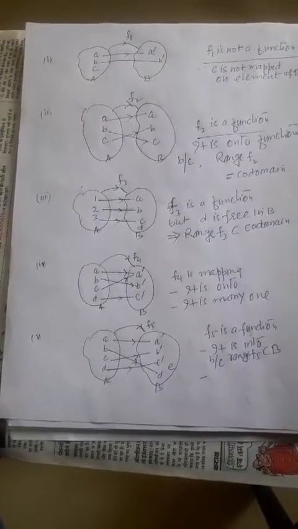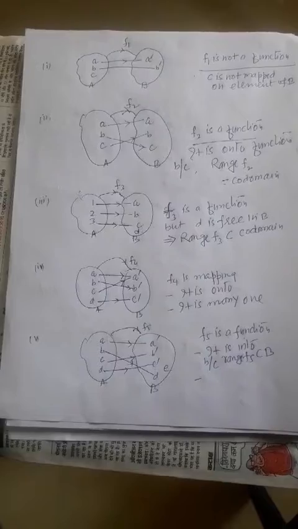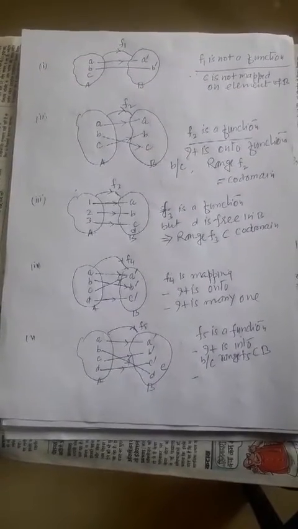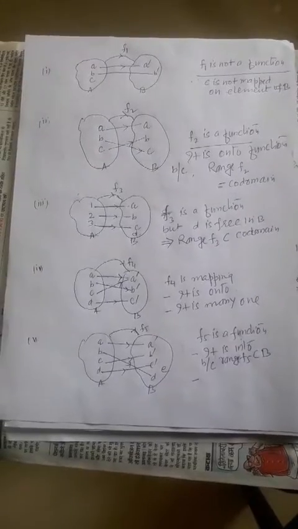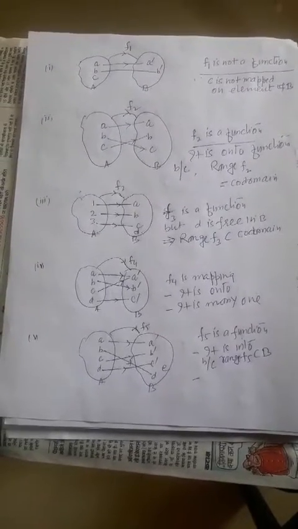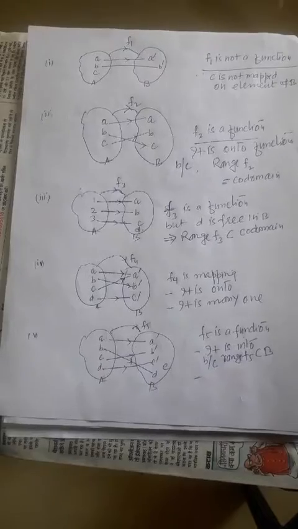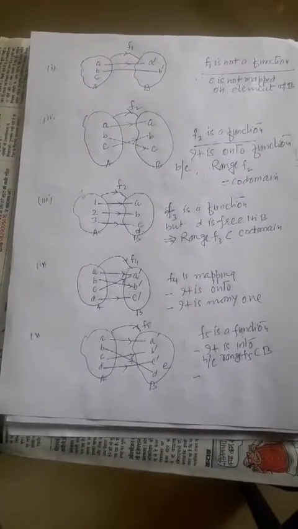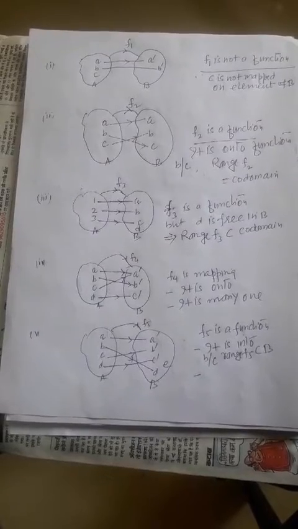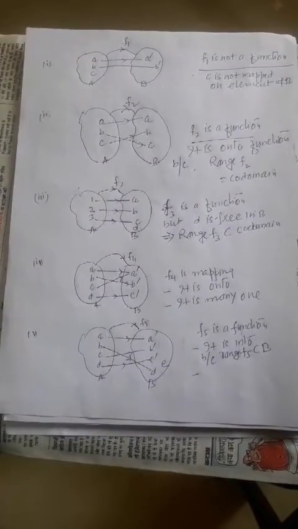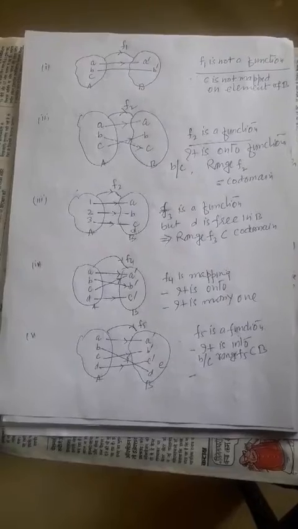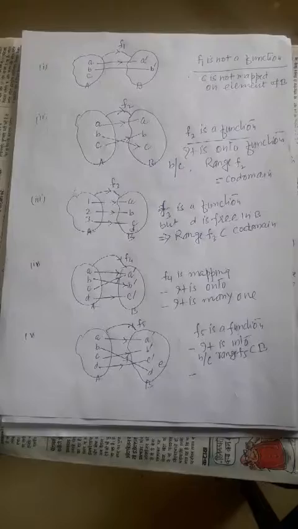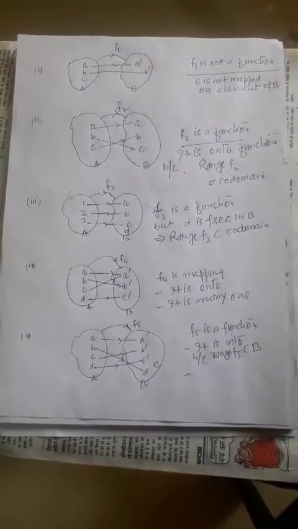So f2 is a function, since every element of the set A has only one element in the set B. Domain means the set containing a, b, c on the left side, and codomain is the other set. It is also onto because the range of the function is just equal to the codomain.